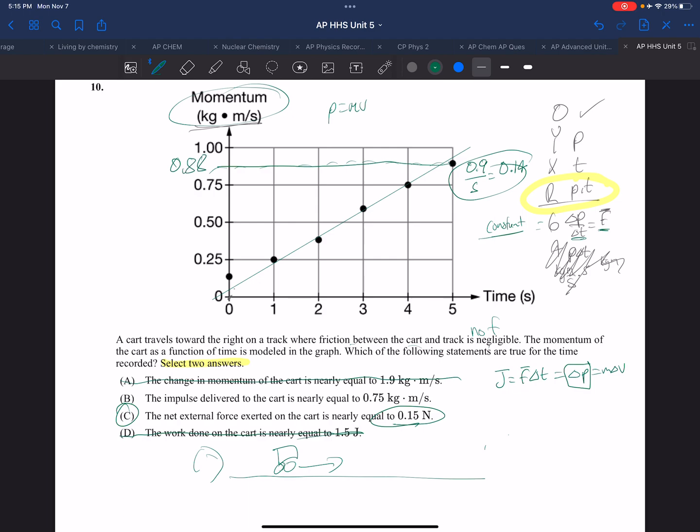And it started with about 0.10. So we're looking at about 0.75 if we look at that change. The change is really about 0.75-ish, not the full value read off. So the change in momentum and the impulse are the same, and that's why those two are our correct answers.